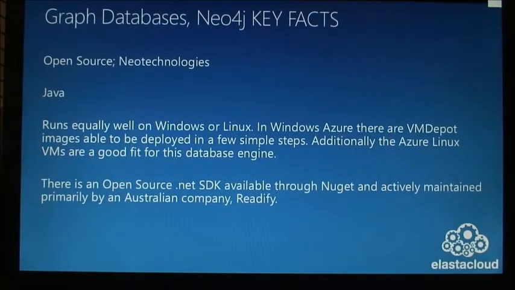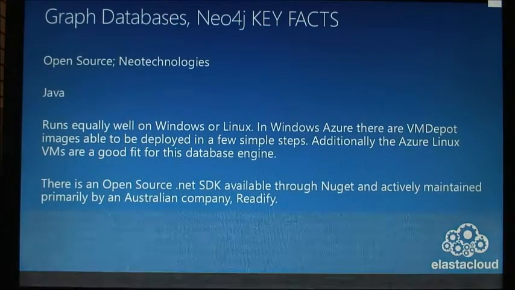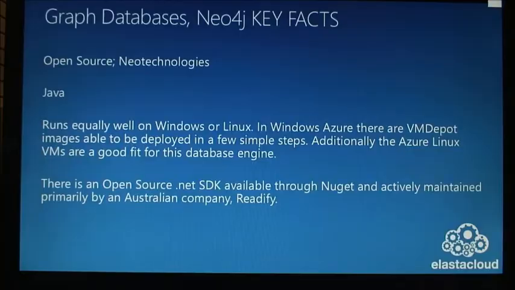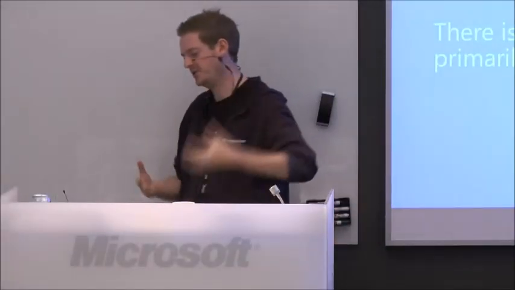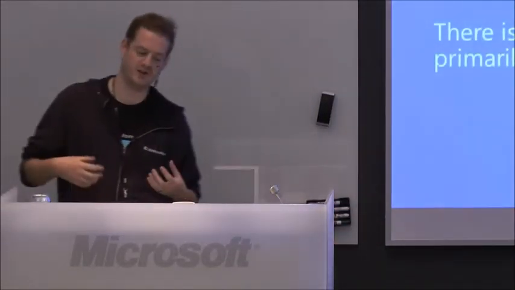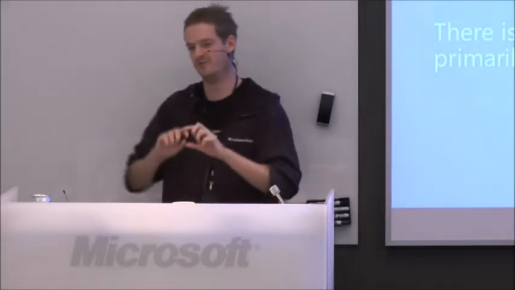Okay, now we're going on to the last third of the talk, which is about graph databases. And the examples I'm going to show you are from a graph database called Neo4j. So a graph database has the ability to store documents, which are called nodes. And more than that, it brings in the idea that you're familiar with in the relational world of relations.